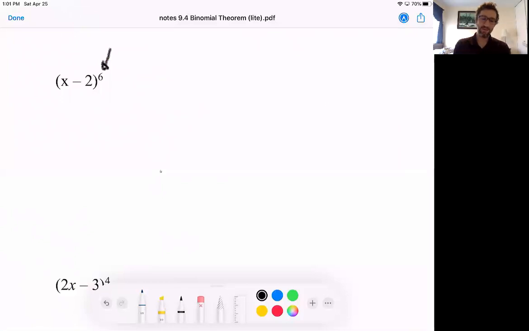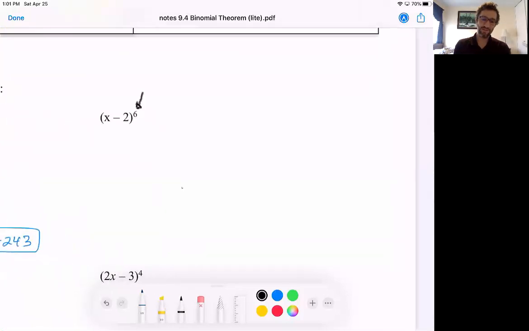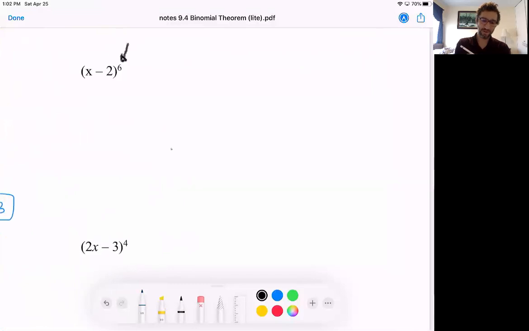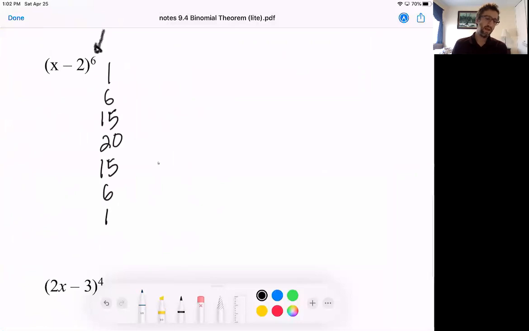With Pascal's triangle, we just had the values 1, 6, 15, 20. So we have a 1, 6, 15, 20, 15, 6, 1. And we'll take our first term, which is x, and then have x to the 6th, and then go downhill.